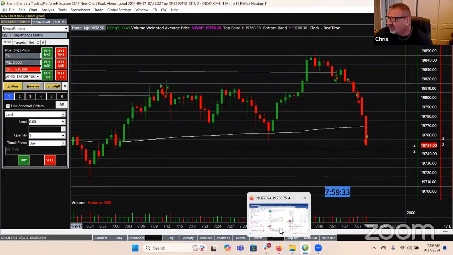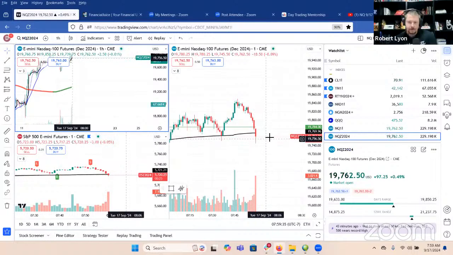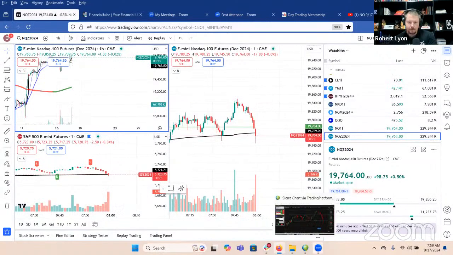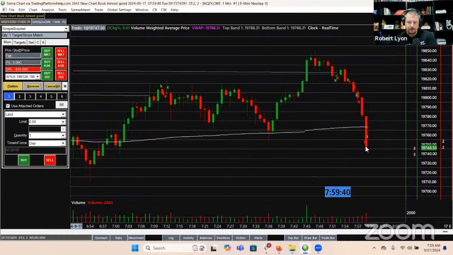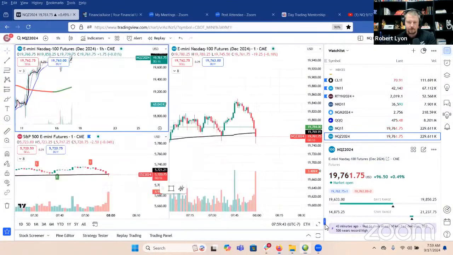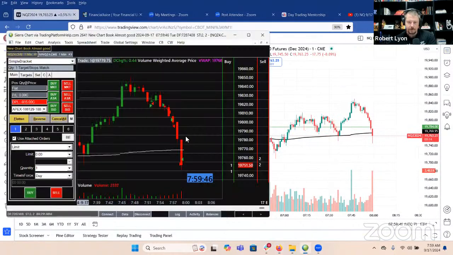It's like a range. Dang it, Sierra Chart let me down. That's another thing I don't like about Sierra Chart: it's slow when you have these bigger moves because it just moves too fast for the data. That's another reason why I have NinjaTrader, just to have two eyeballs on it.